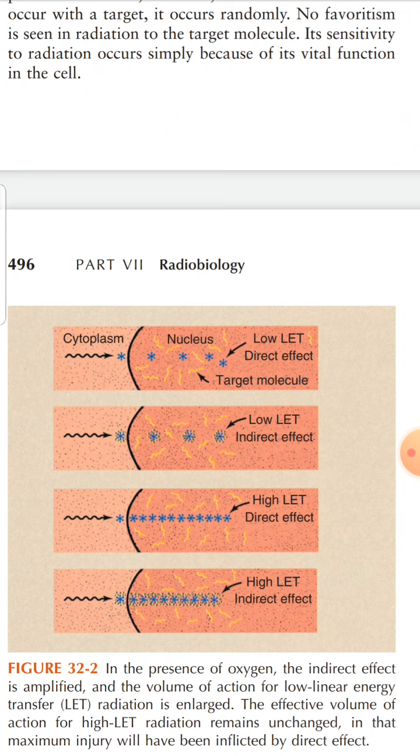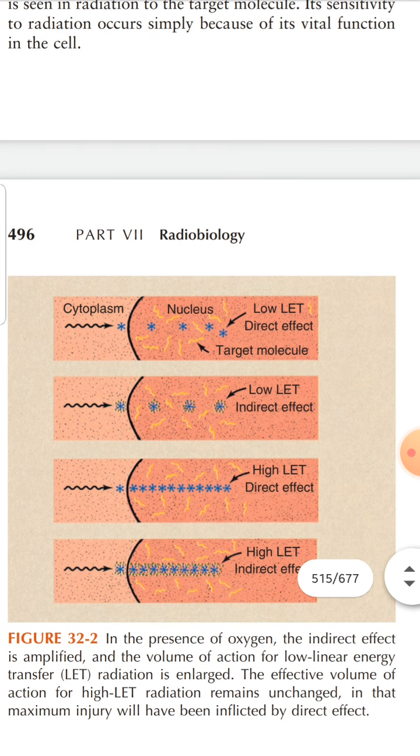So in the first scenario, when low LET radiation is used in the absence of oxygen, the probability of a hit on the target molecule will be low because of the relatively large distance between the ionizing events.